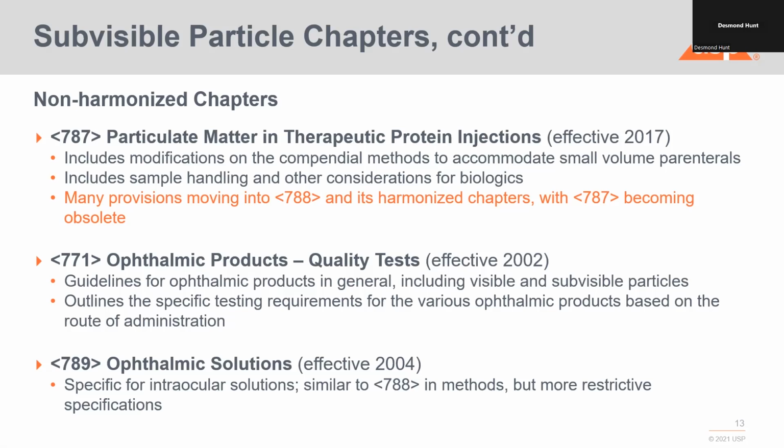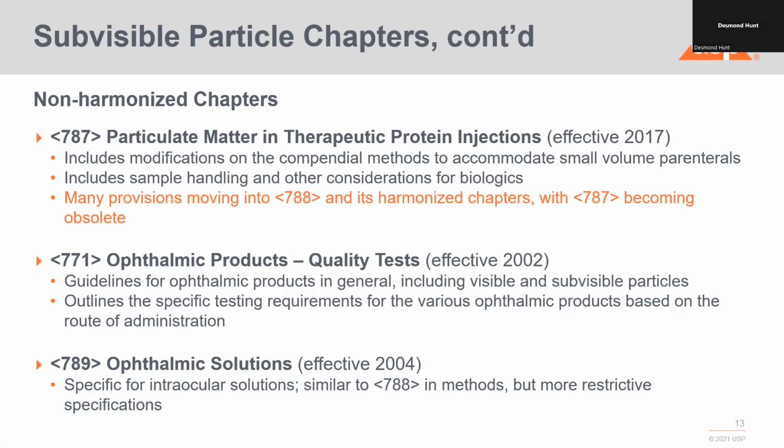And again, those discussions can go back and forth for years. But again, I think that we're getting close to the end of our process. So hopefully in the not so distant future, 788 will be revised, which will ultimately lead to the omission of 787.